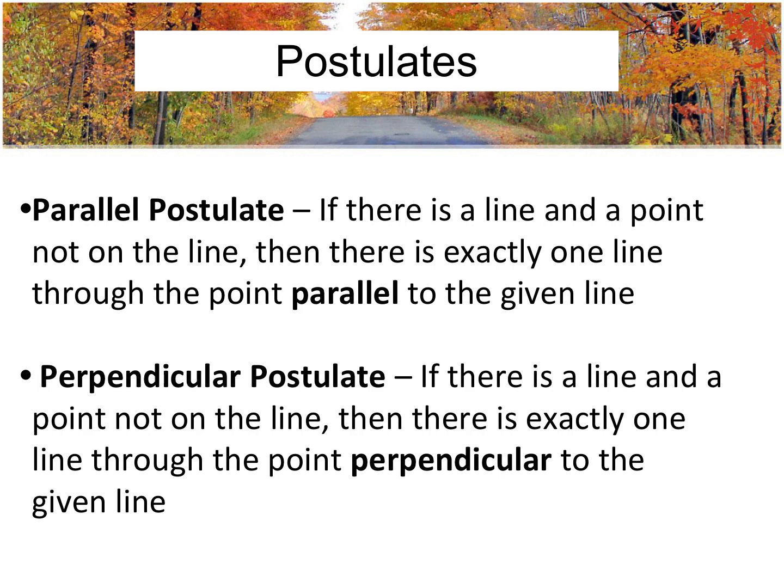Tongue twister. But it's way easier if you just draw a picture. And we're going to draw a picture in a second. The perpendicular postulate says if there is a line and a point not on the line, then there is exactly one line through the point perpendicular to the given line.